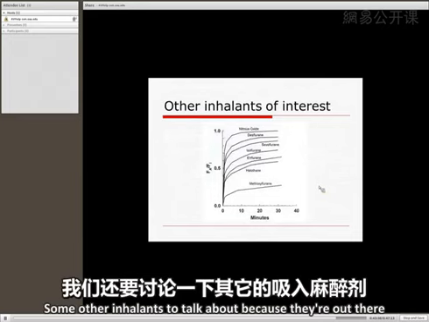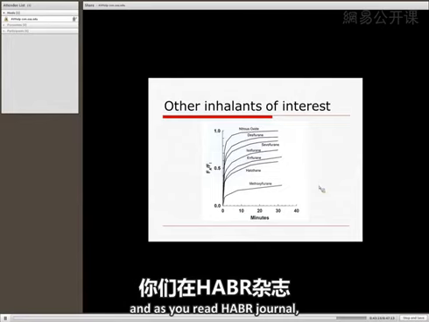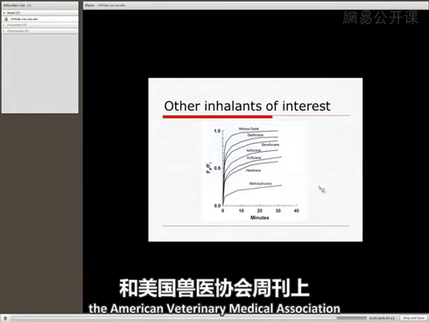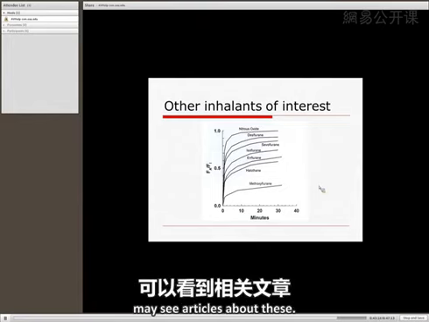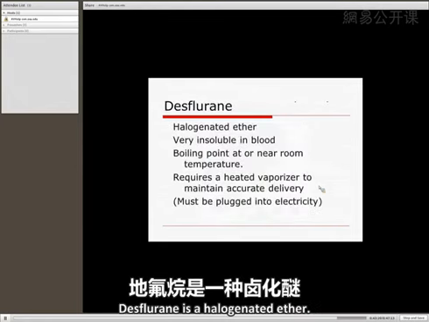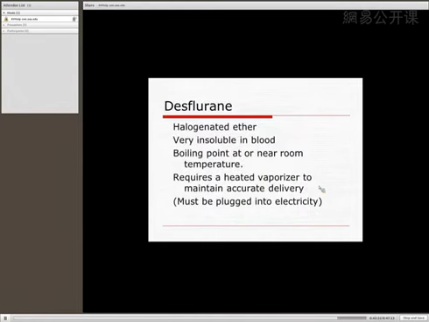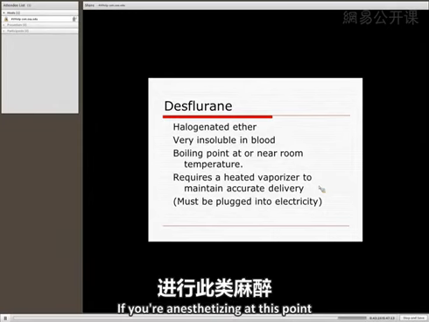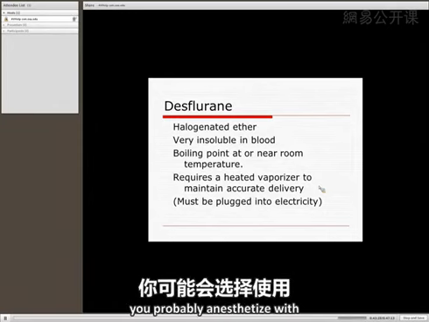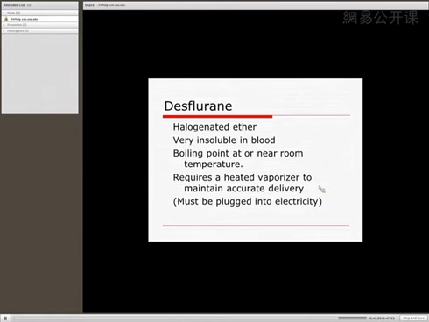A couple other inhalants to talk about because they're out there, and as you read AJVR or the Journal of the American Veterinary Medical Association, you may see articles about these. Desflurane is a halogenated ether. It's used in people pretty widely. If you're anesthetized at this point, you're probably anesthetized with either sevoflurane or desflurane.